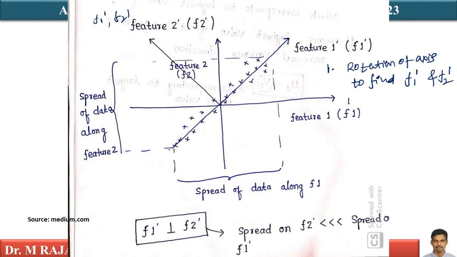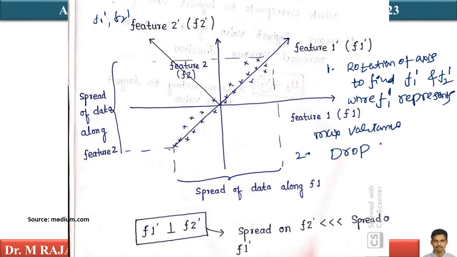That you must understand. Max variance, that is important. Now, if you observe this one, drop F2 dash.